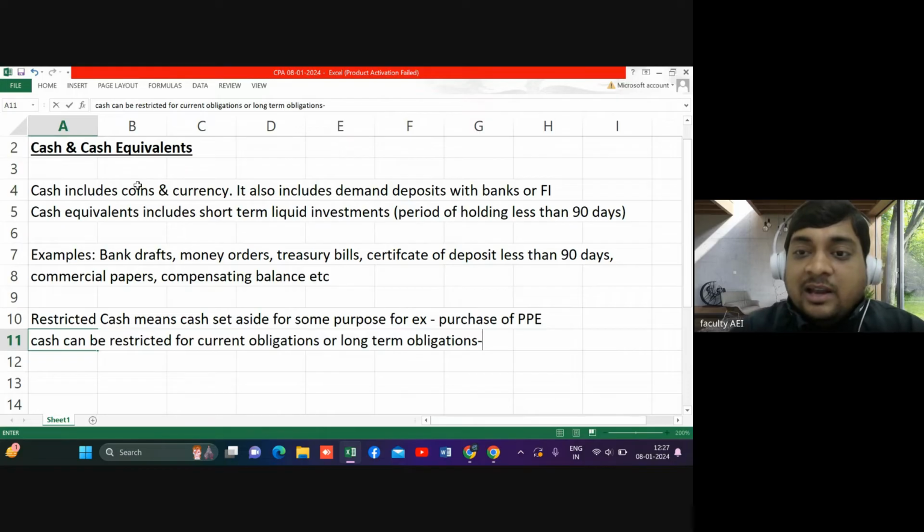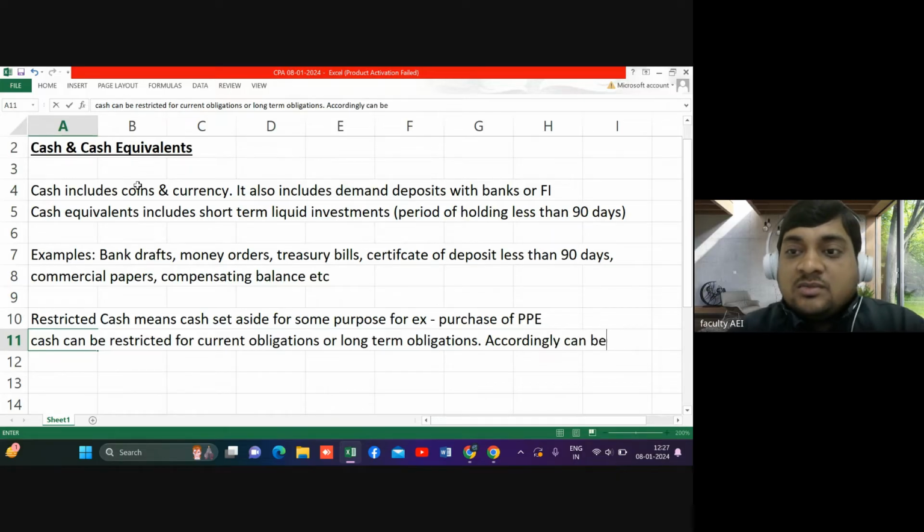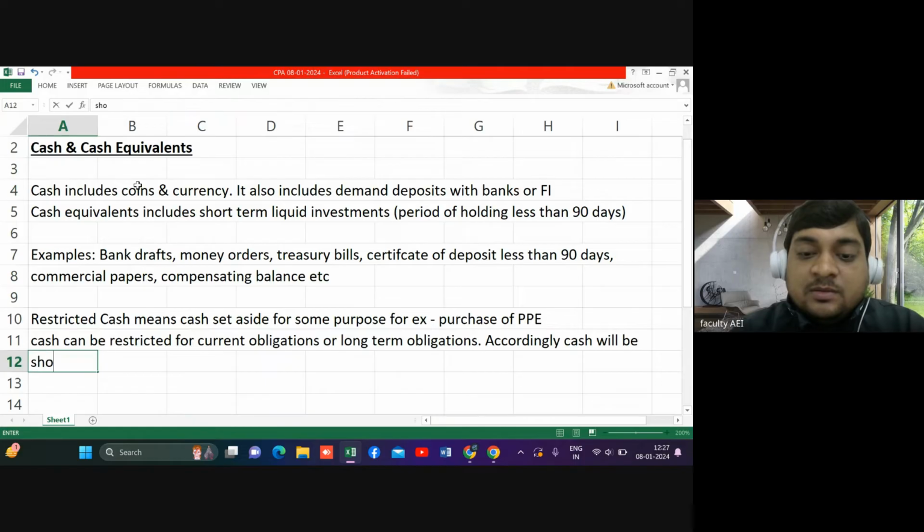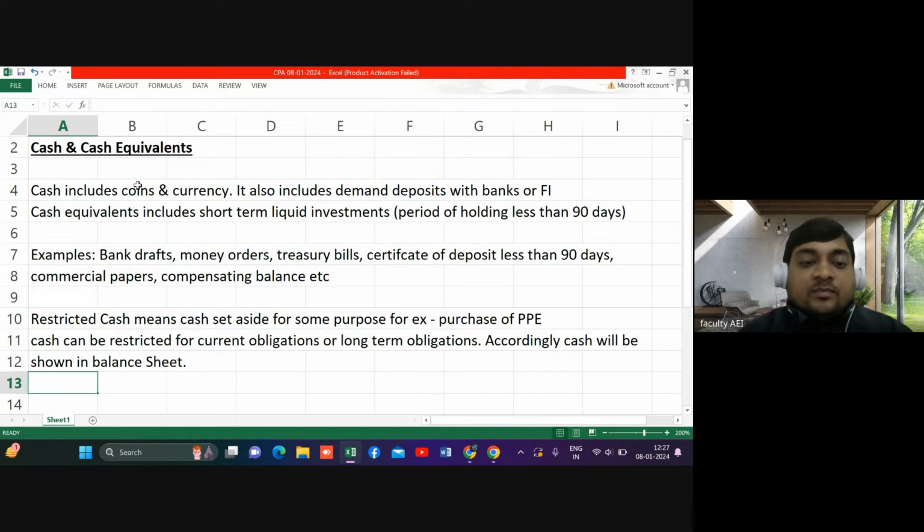And accordingly, cash will be shown in the balance sheet, right? So if cash has been set aside for meeting some obligations in the next 12 months, we are going to keep it in current assets. And if cash has been restricted to meet the purpose of some plant and machinery, then we will show it in non-current asset, right?